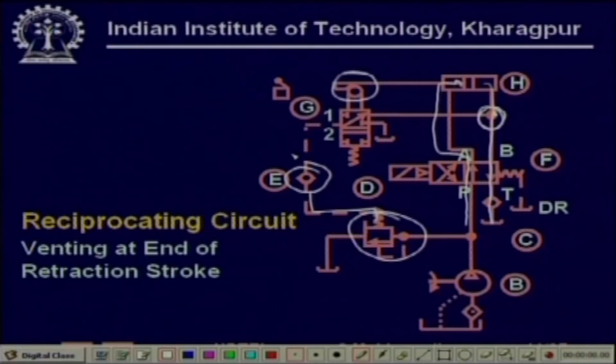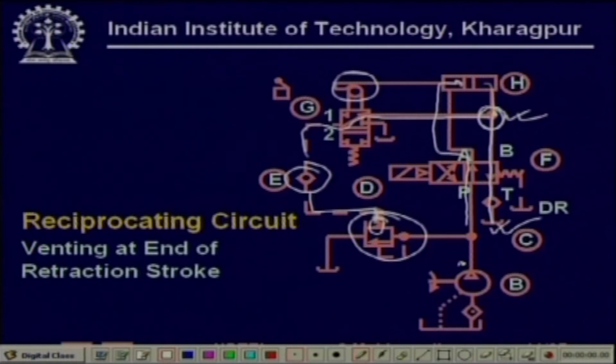This is free flow, the direction of the check valve goes through this and comes to this point. So, the pilot port pressure which is being applied is very close to this, which is in turn very close to this. So, the pilot port is now connected nearly to tank, which means that this relief valve will now vent.